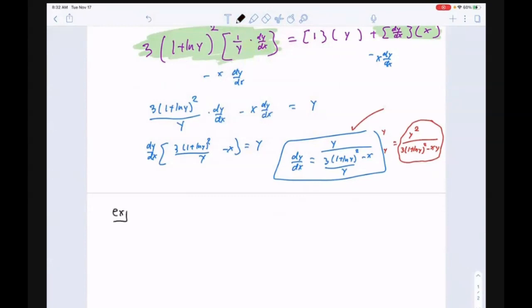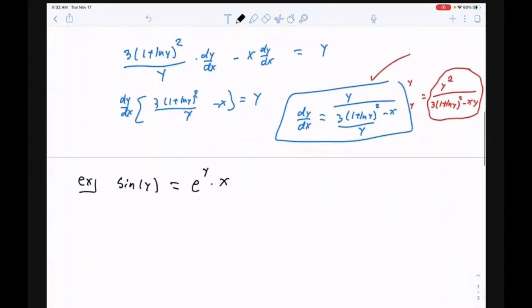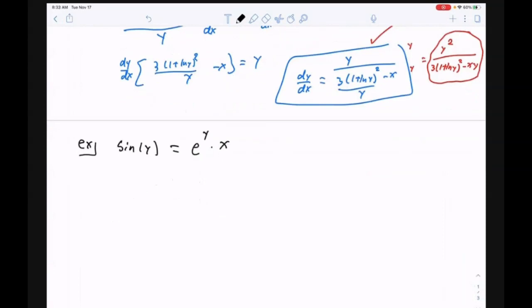Example. Sine of y equals e to the y times x. What do I do?